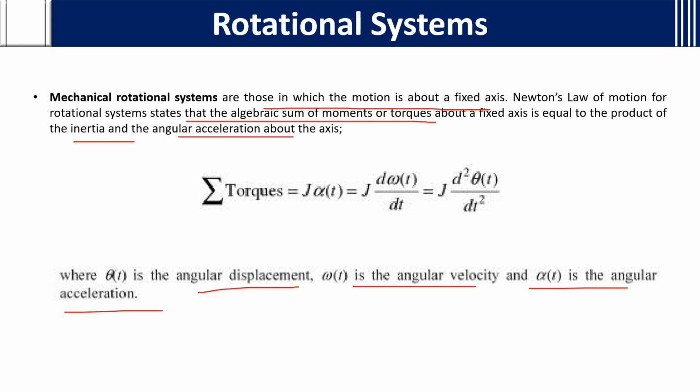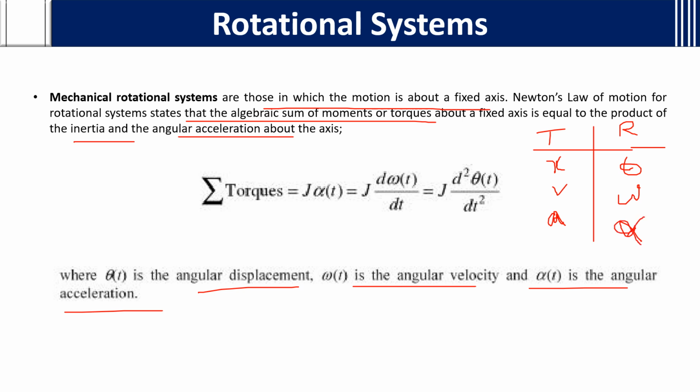If you want to write the differences, you can make columns like this: this is the translational system, this is the rotational system. The translational system has displacement x, velocity and acceleration. Here we consider angular displacement, angular velocity and angular acceleration alpha.